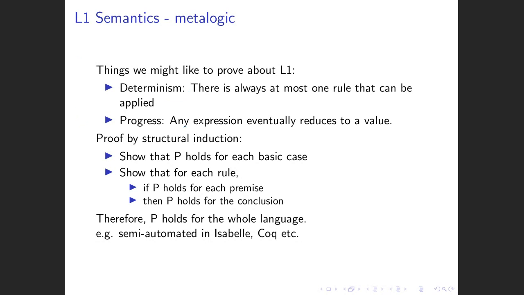We don't have time to go into how this is done. The very short version is that it's done by induction again. Induction is this general method of proof where you show that P holds for a bunch of base cases, and then you say that under each rule, if P used to hold, then it still holds afterwards.